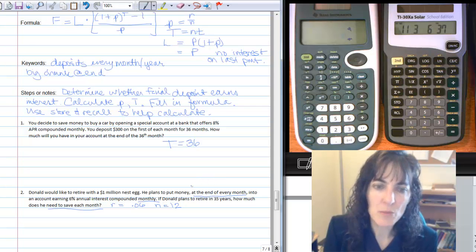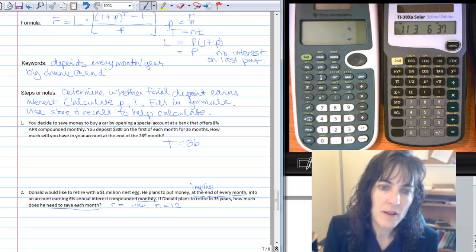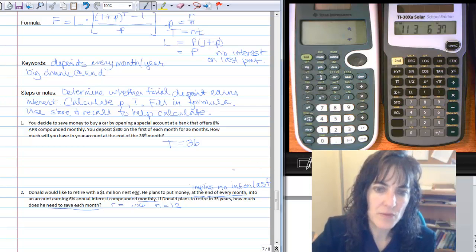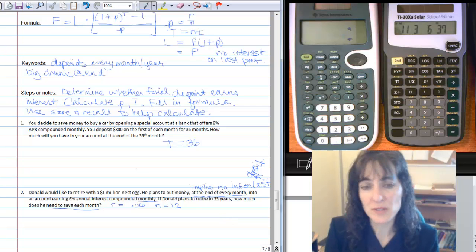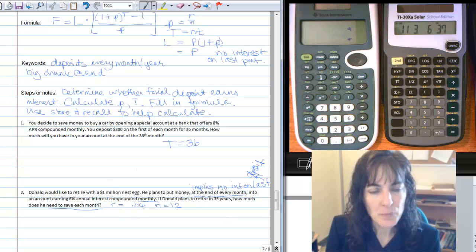So this one implies no interest on last deposit, and I'll have to write that up above. So that implies he's not getting any interest on his last deposit. So that means we can use the simpler formula, which helps a little bit.